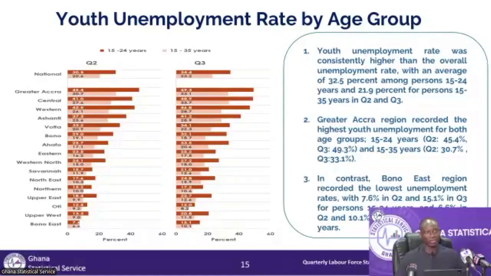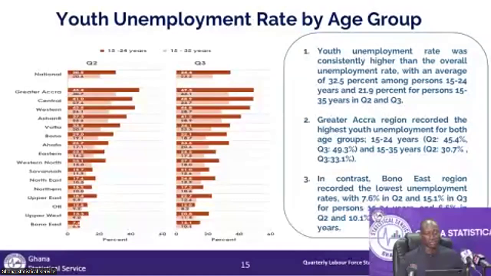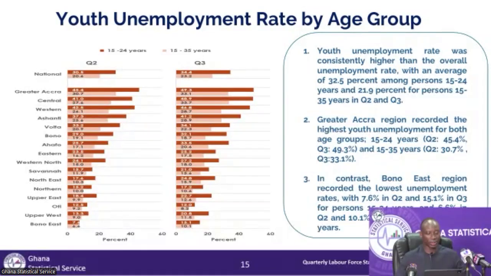In contrast, regions like Bono East region recorded very low unemployment rates, with 15.1% in Q3 for persons within the age group 15 to 24 years, and 10.1% in Q3 for persons within the age group 15 to 35 years. These are not abstract figures. They represent millions of young Ghanaians searching for opportunity.